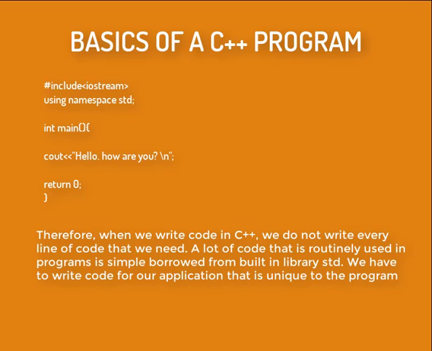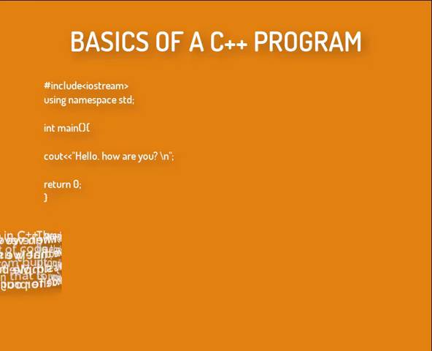You only have to write the code that is specific and unique to your application. So you don't have to write the code to display output, you don't have to write the code to accept input, but you do have to write the code that will be unique and specific to your application, and that code must be written manually by the programmer and typed into the program.